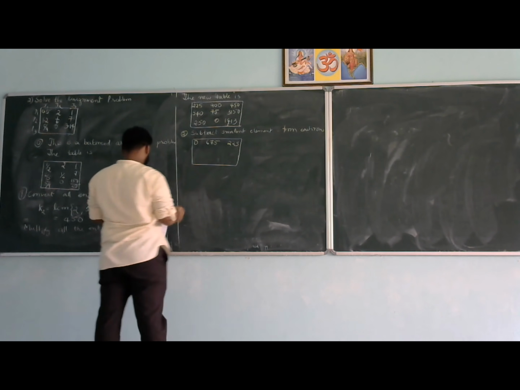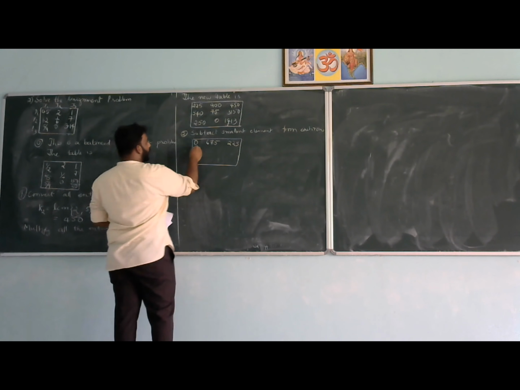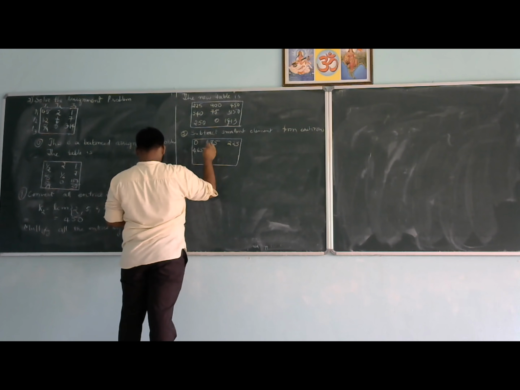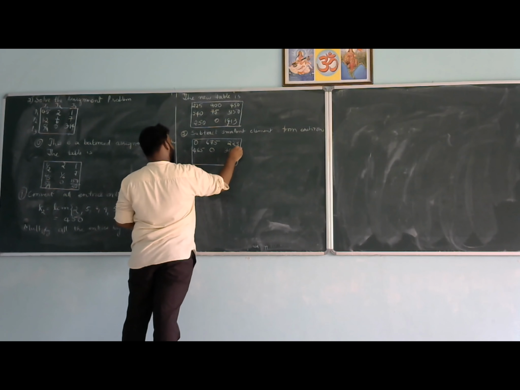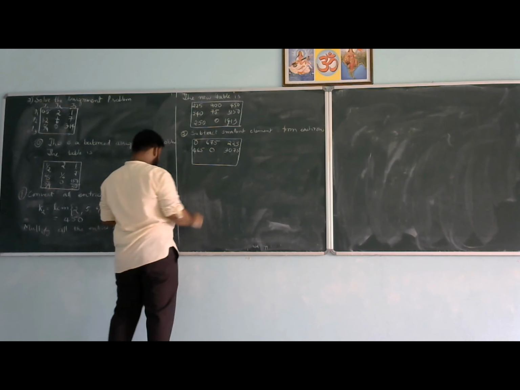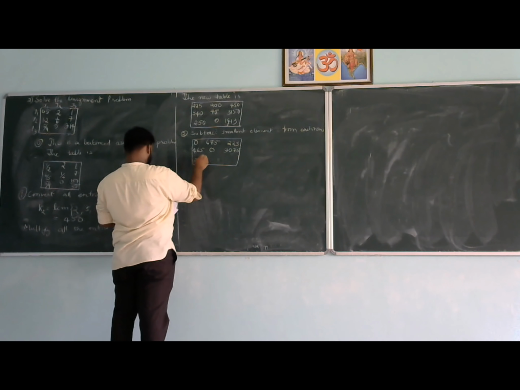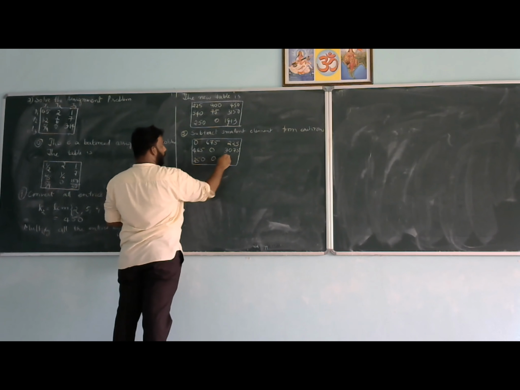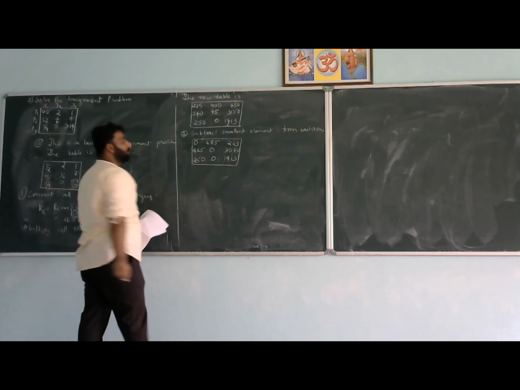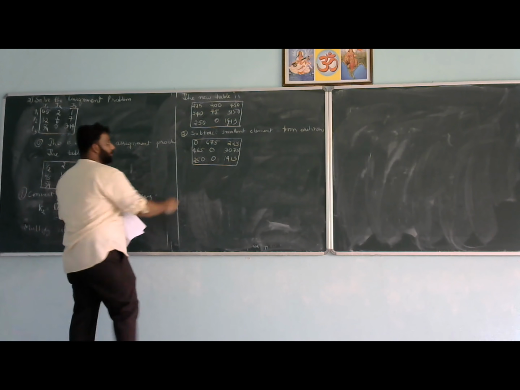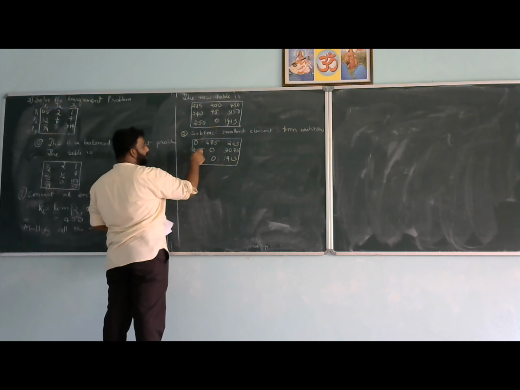Here 75 is the smallest entry, you would get 465, 0, and this is 3075. This is 250, 0, 1413. Right?